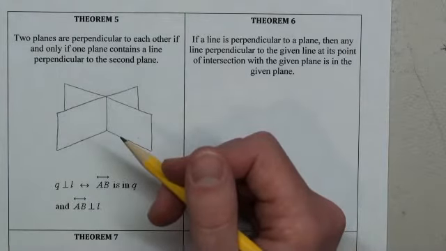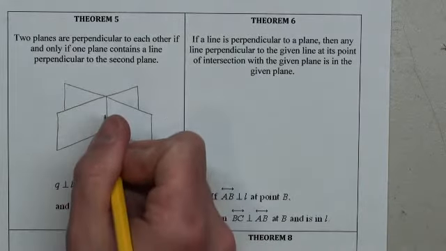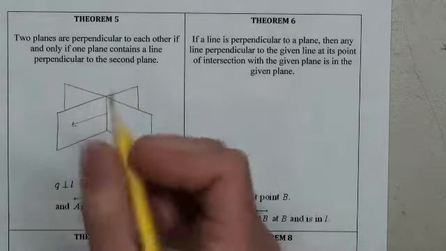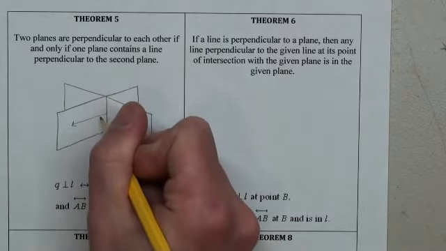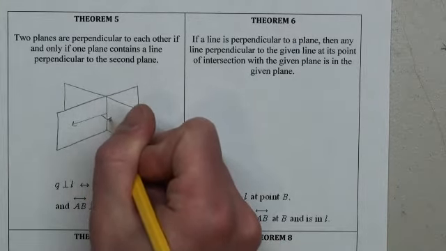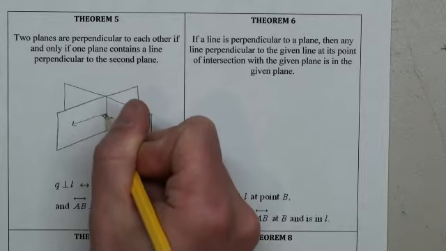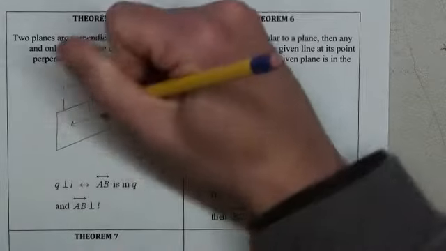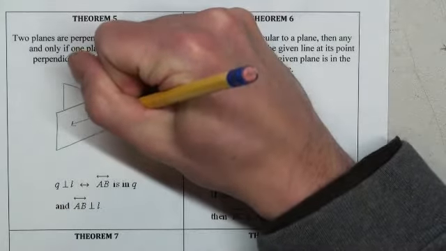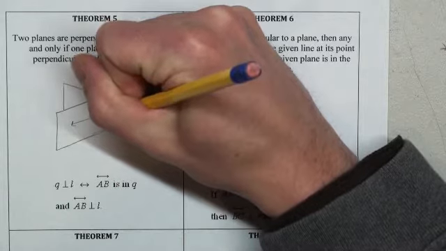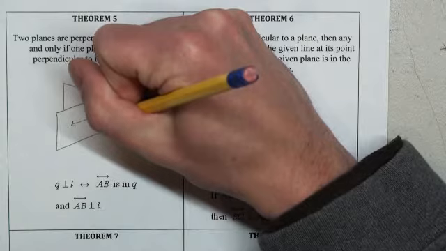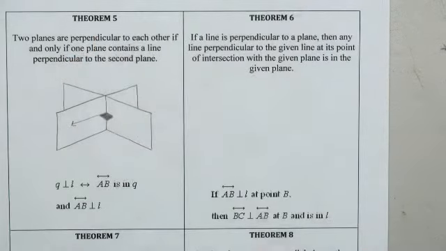So if that's the case, then that means that one of the planes must also contain a line that's perpendicular to the other plane, like that.